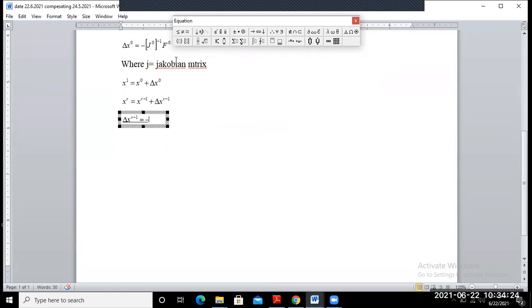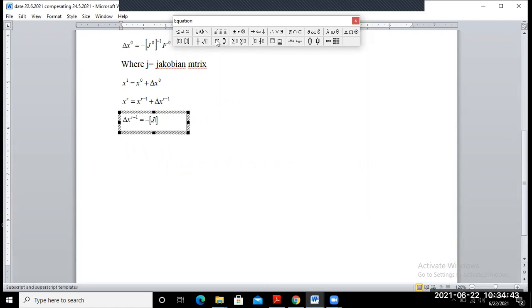minus the inverse of the Jacobian matrix, for the del x to the power r minus 1 it is your J to the power r minus 1.